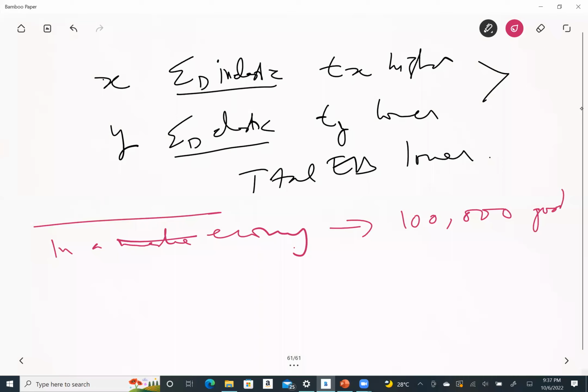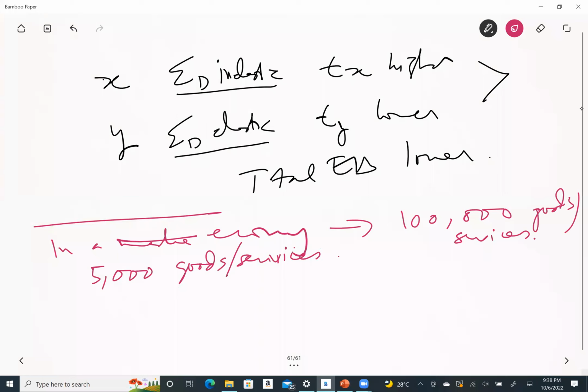This is just a wild guess. In our country, I do not know, maybe more. Let's say 100,000. Now, suppose initially the government taxed only 5,000 goods and services. Many goods are not taxed.